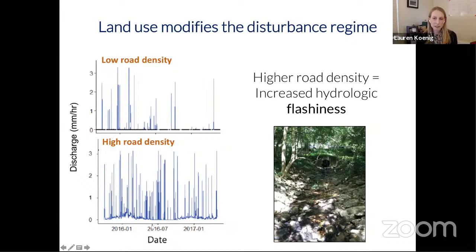And based on these empirical patterns, we chose to model discharge for every stream reach in the network, taking into account precipitation and using upstream road density as a runoff ratio. And then we assigned a critical flow value that scours stream biofilms. For example, that would be this red line.